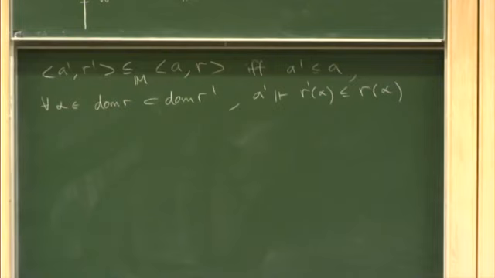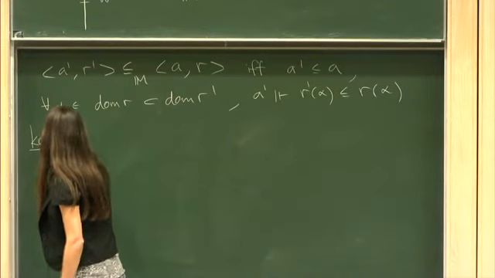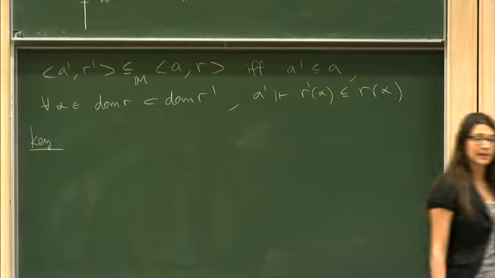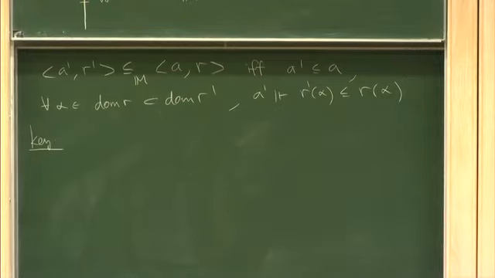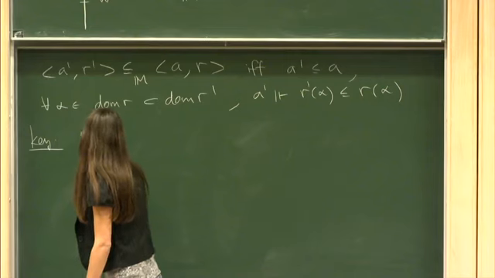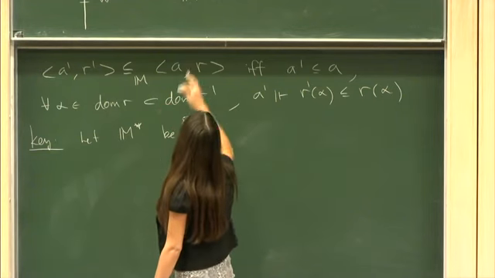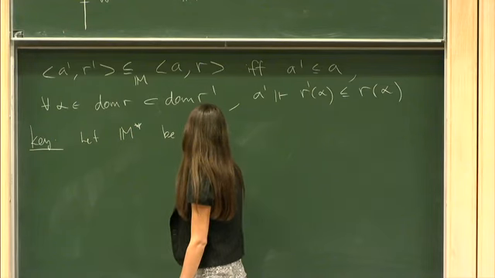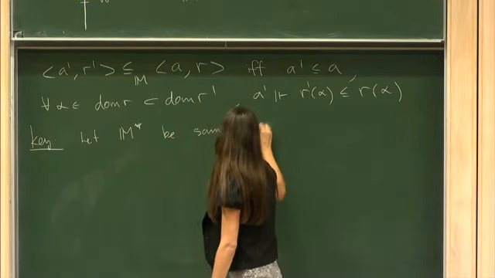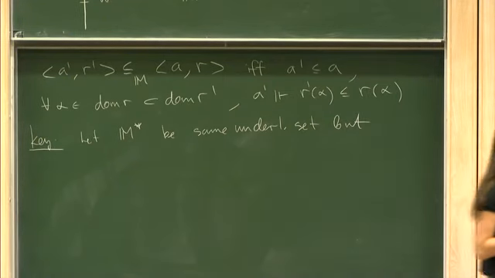So this poset in itself has terrible closure, but a key fact in Mitchell's proof is that one can define a closed poset, a product poset, which projects to the Mitchell one as follows. Let M star be similar to this, with the same underlying set, but changing the order as follows.